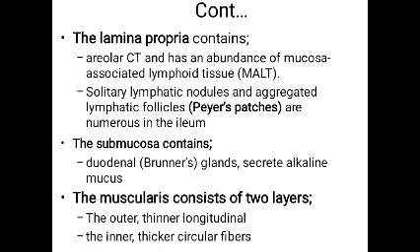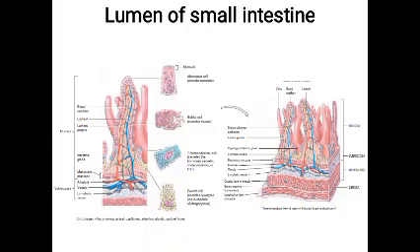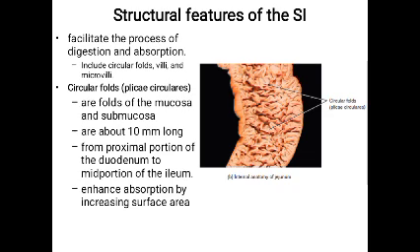circular fibers. This is a diagram of the lumen of the small intestine. Structural features of the SI that facilitate the process of digestion and absorption include circular folds, villi and microvilli.